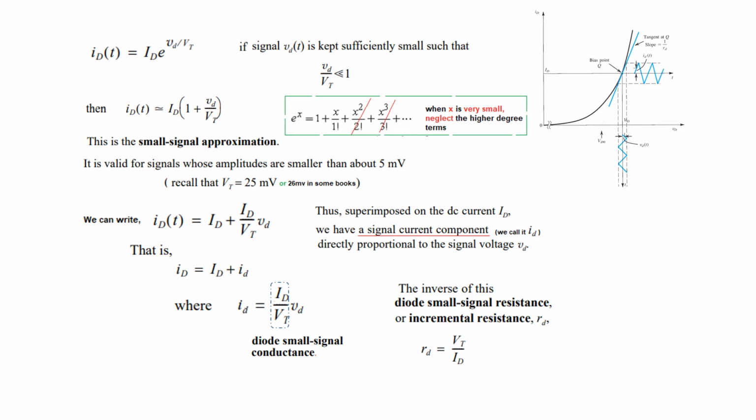So rd will be just the inverse of this, that is VT over ID. Okay, a very important point here: if you have a small signal equation, this small signal analysis can be performed separately from the DC. So this DC is separate. If you want to find the AC analysis, you can just work it without the DC, or turn off the DC. So we'll see this in the next example.